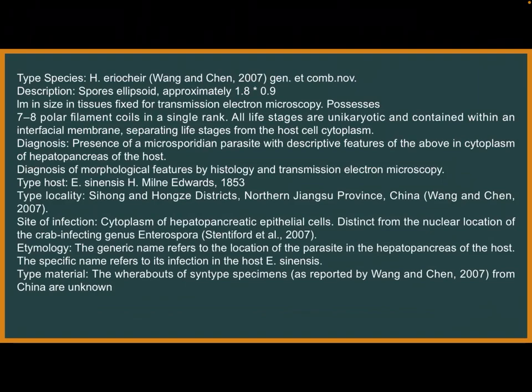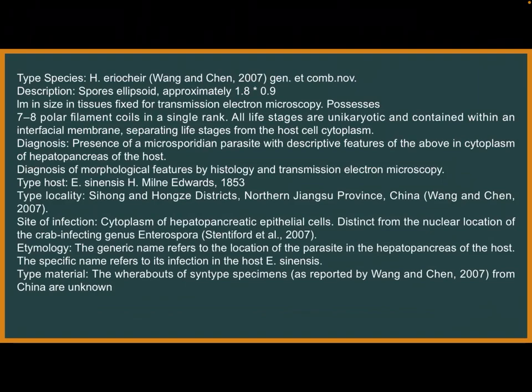The type of host is E. sinensis, also known as the Chinese mitten crab. Type of locality is China. Site of infection is the cytoplasm of hepatopancreatic epithelial cells, distinct from the nuclear location of the crab-infecting genus Enterospora.